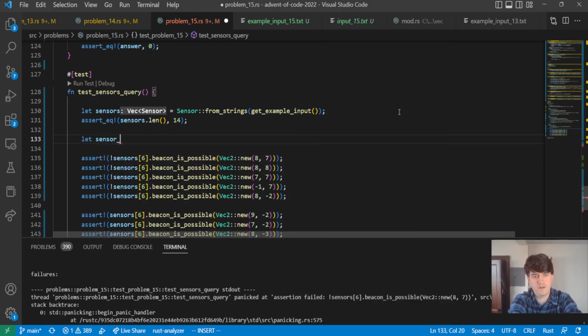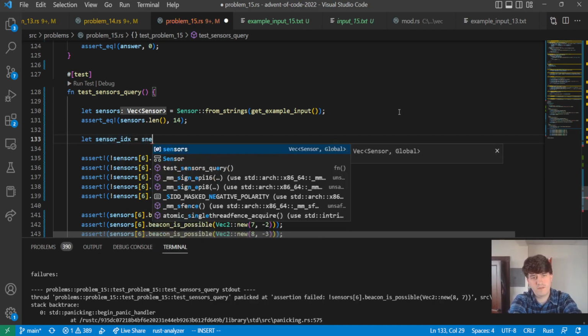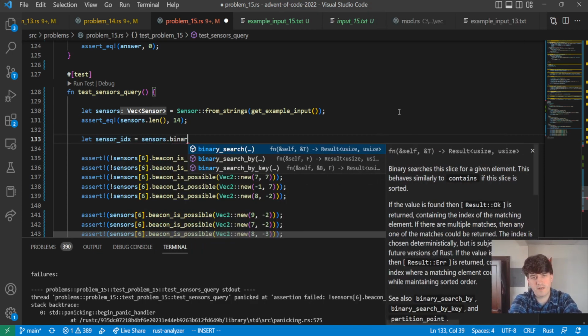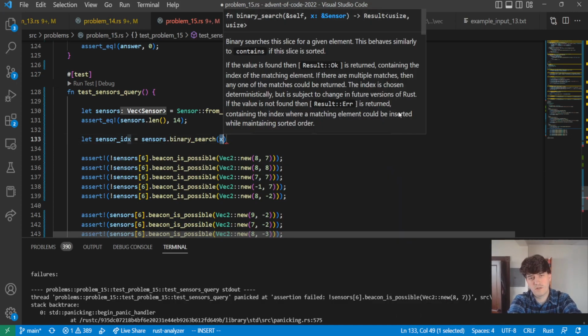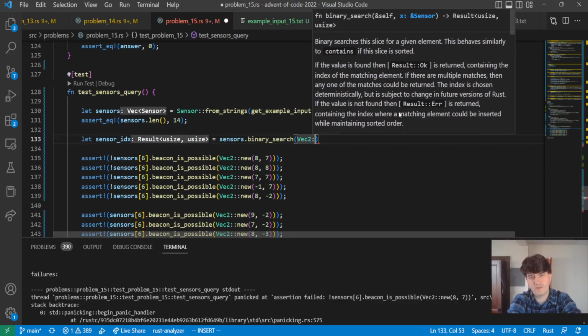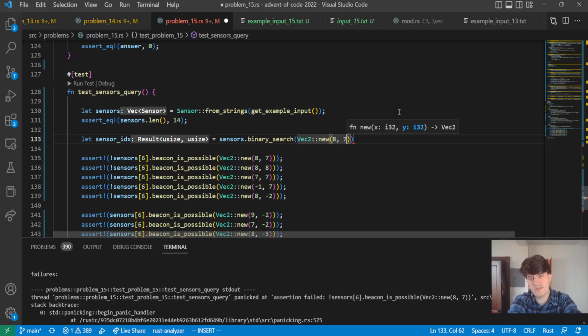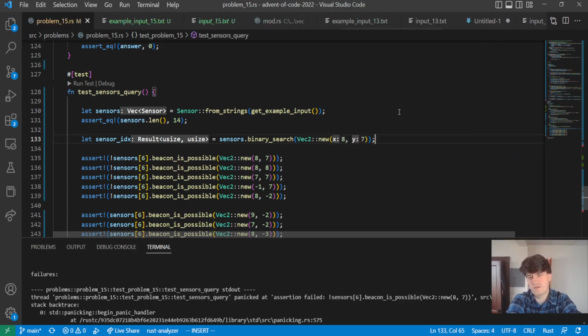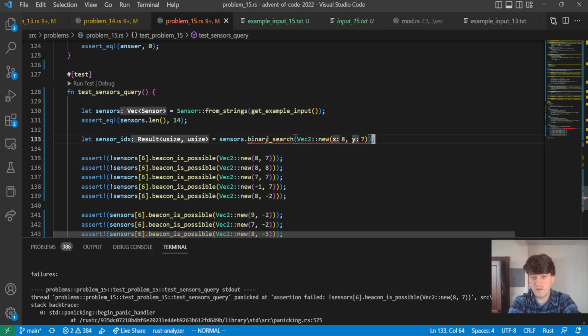Let sensor idx be sensors dot binary search Vec2 new 87. What's the issue?